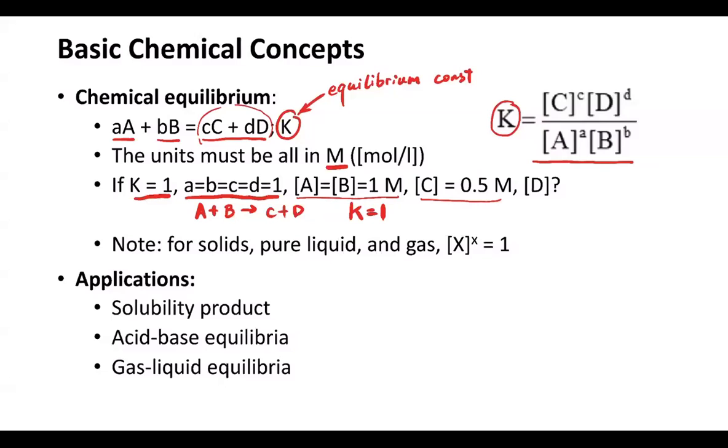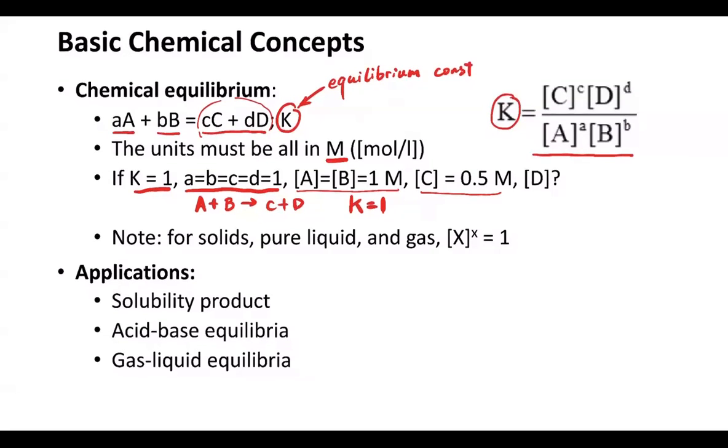So I will share the results. Most of you are correct. It should be 2 M. If we set up this equilibrium constant, we know that K is equal to C to the power of 1 multiplied by D to the power of 1, divided by A to the power of 1 multiplied by B to the power of 1, mainly because the lowercase a, b, c, and d are all equal to 1.